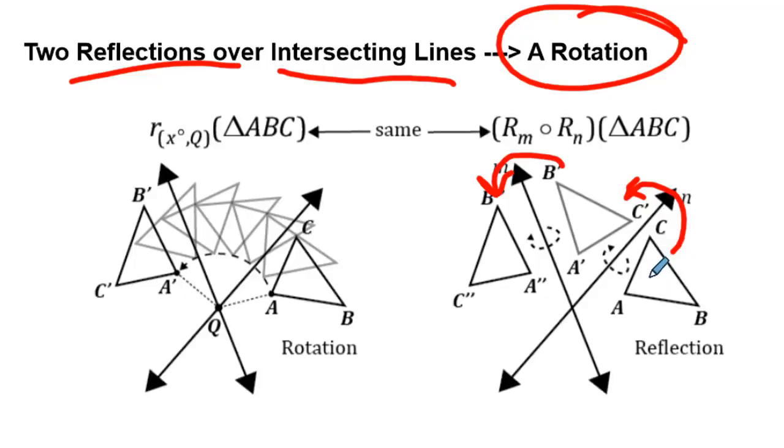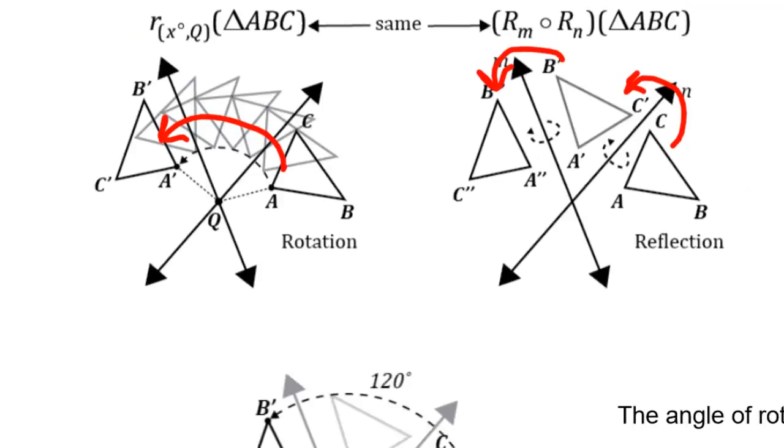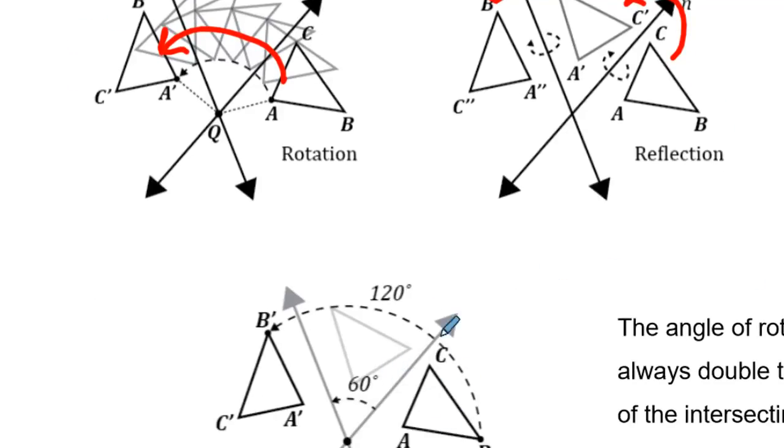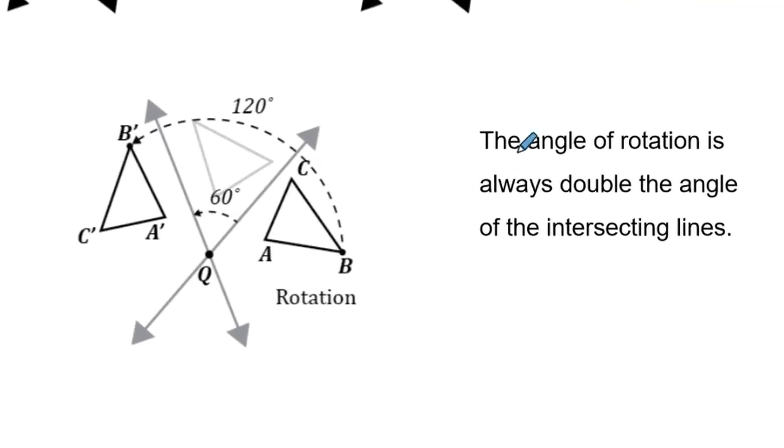So notice how this pre-image reflected twice over two intersecting lines is the same thing as just taking the figure and rotating it. They are the same exact thing. Okay, so the last trick that you guys need to know is how to find this angle of rotation right there.